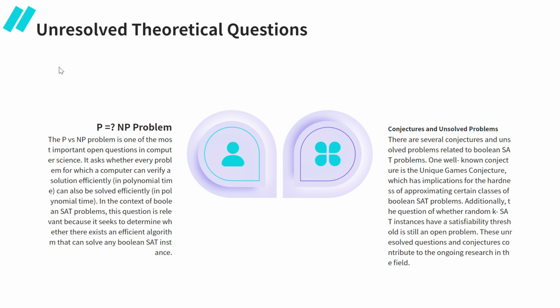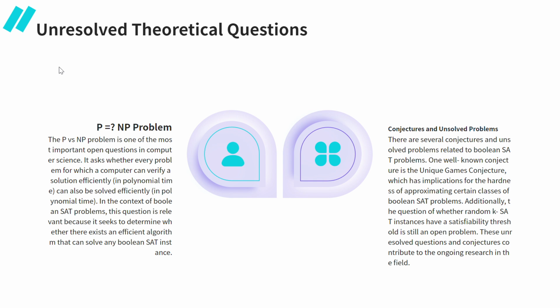P and NP: P is a subset of NP, but it is still under research whether P is equal to NP or not. Another important thing is conjectures and unsolved problems. There are several conjectures and unsolved problems related to Boolean SAT problems.